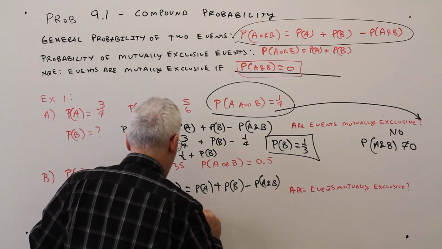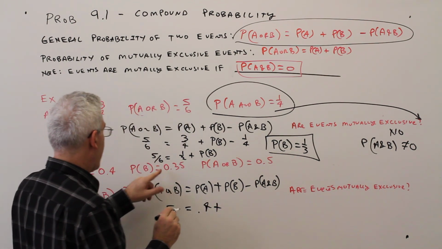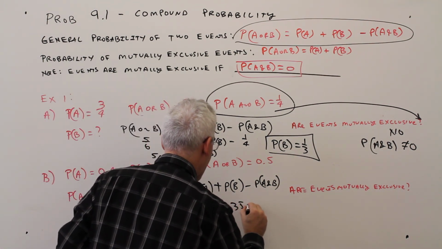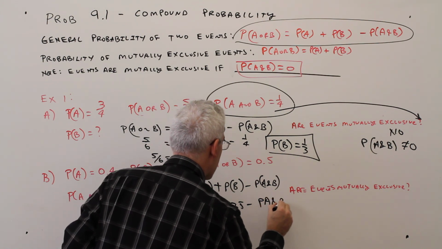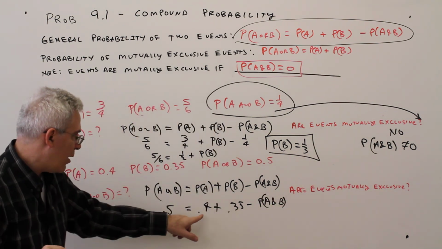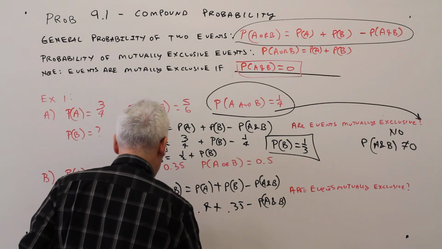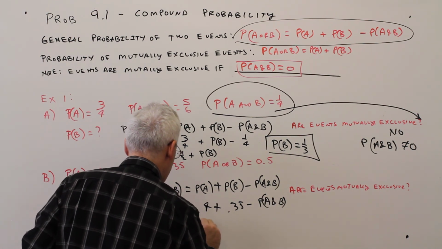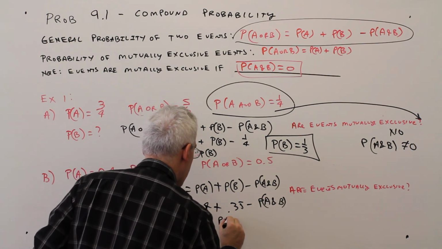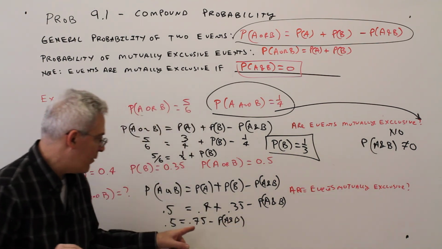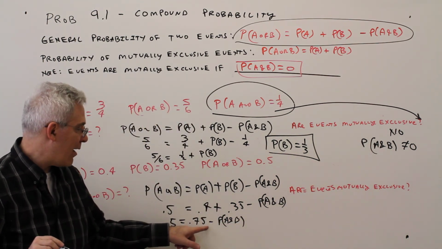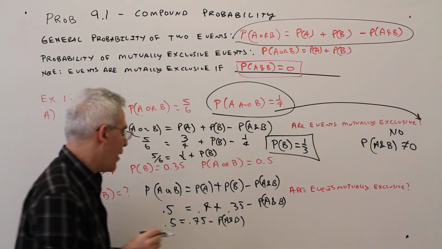Probability of A is 0.4. Probability of B is 0.35. That's going to be a 0.75. And then I can do that in my head. 0.75 take away gets me that, 0.25.